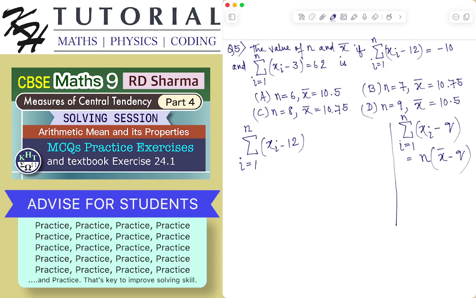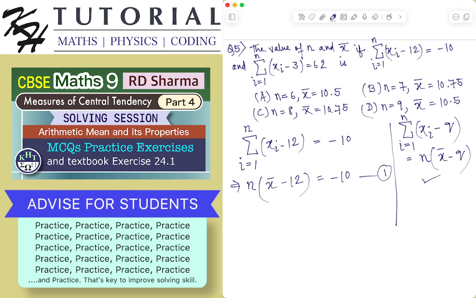Okay, so this is given in the problem to be minus 10. But applying this formula, the left hand side is n into x bar minus 12. So I have n into x bar minus 12 is equal to minus 10. Let this be equation 1.